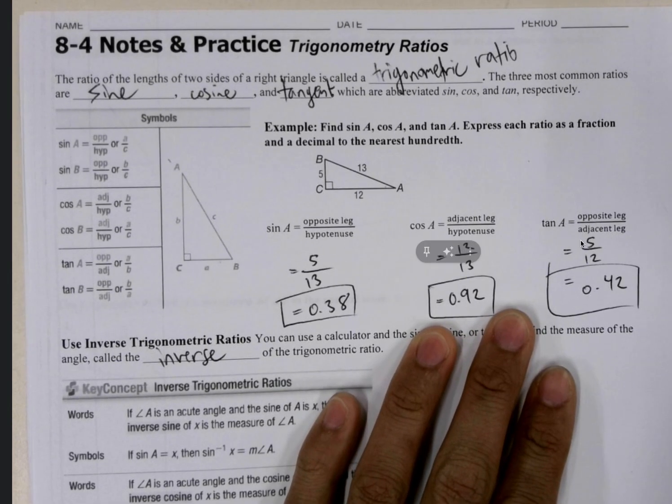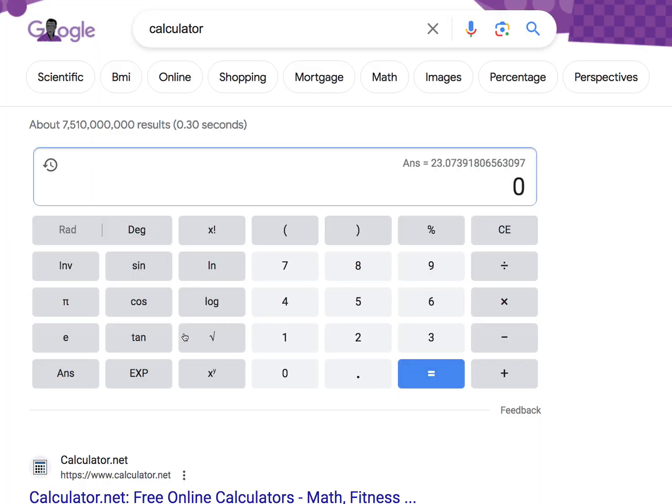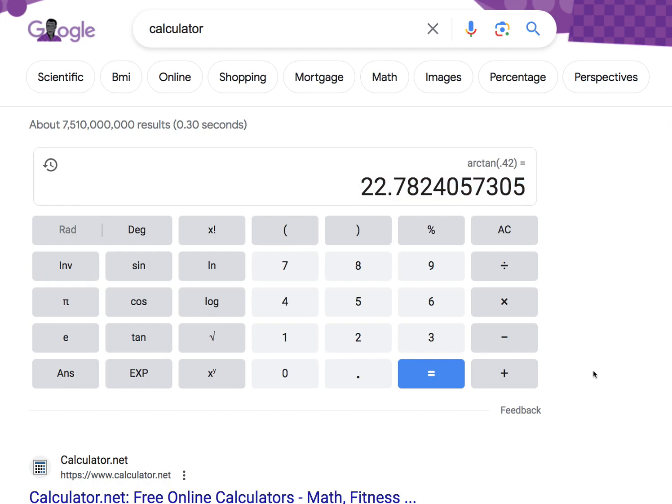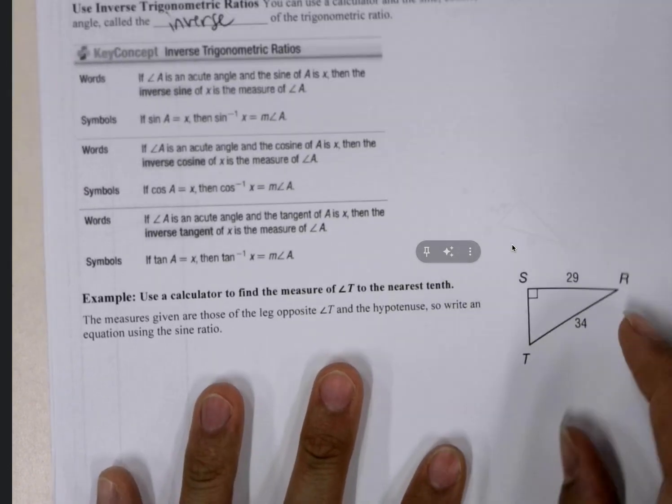This last one would be inverse tangent of 0.42. So we come over here, we go inverse tangent of 0.42, and that also gives us close to 23 degrees. Right? But if we put more decimal places here, we would have them all represent the same degrees in the angle.